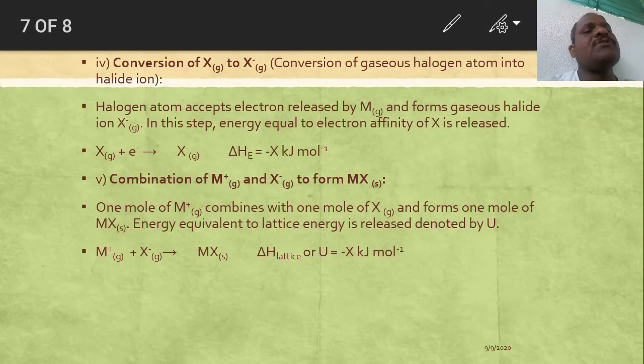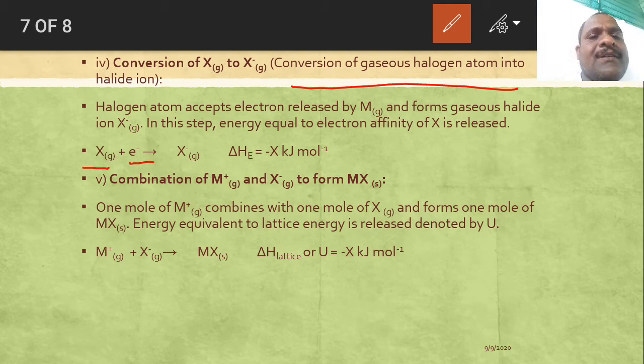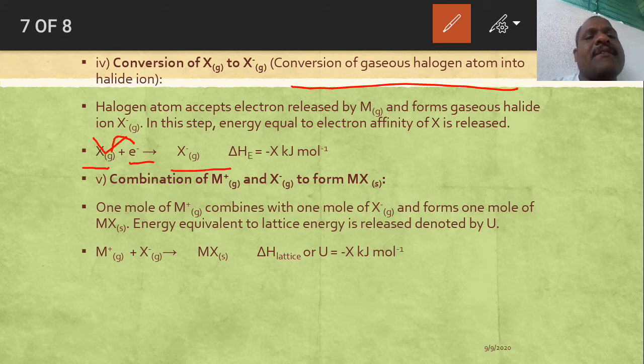Fourth step is conversion of a gaseous halogen atom to a gaseous halide ion. Here the halogen atom in gaseous state, which is unstable, accepts the one electron lost from the metal when the metal in gaseous state converts into metal ion. So that lost electron is accepted by the halogen atom in gaseous state to form an X minus halide ion in gaseous state.